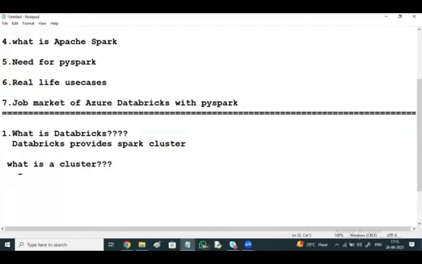In a simple way, a cluster is a group of nodes, systems connected in a network. Generally, there are two types of nodes.